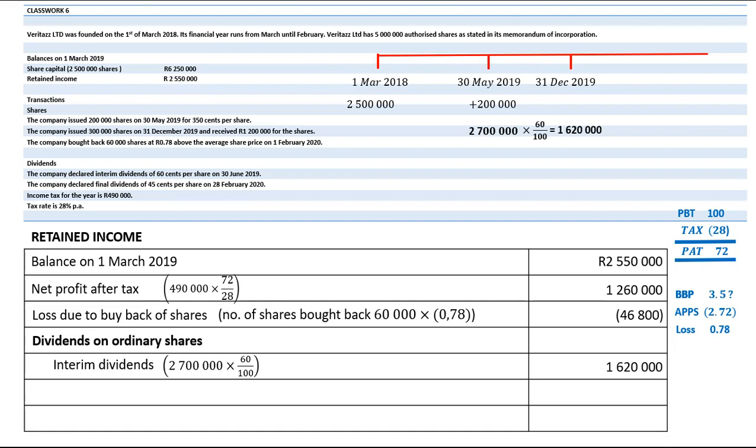And then it says the company declared the final dividend on the 28th of February, which takes us back to the number line. You will notice that on the 31st of December, we issued 300,000 shares, and then we bought back shares on the 1st of February, meaning that the number of shares that were issued by the 28th of February amounted to 3 million minus 60,000 because those were bought back. So it was 2,940,000 that were in issue on the 28th of February.